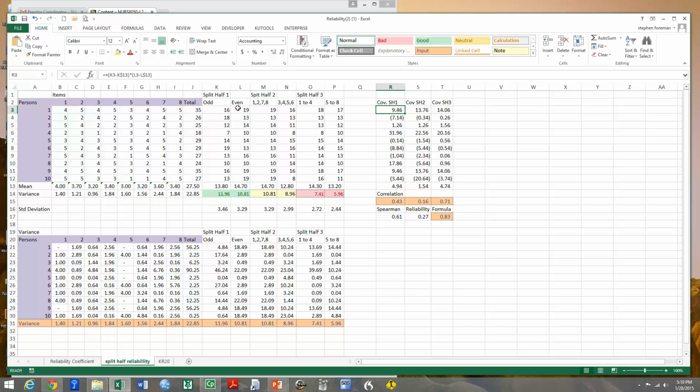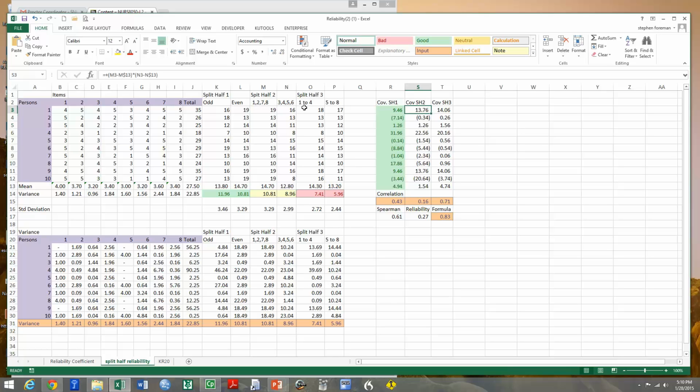That's the covariance. That's how the odds and the evens relate to each other, those two halves. And so we get our covariances here for our first test. These are the covariances for the first split.